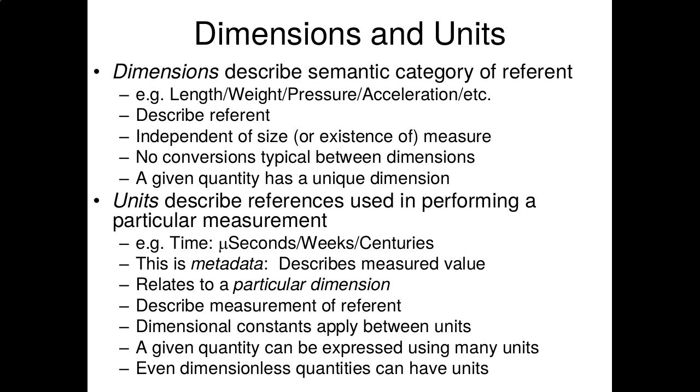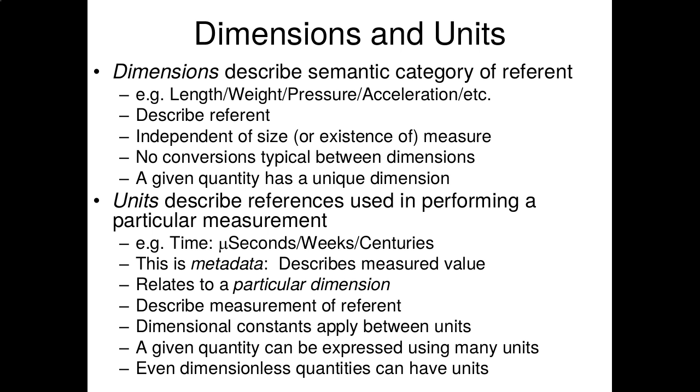Both cases, we're talking about metadata, data about a particular number. So a number 1 might represent something that is measured in meters, a length in meters. It may indicate 1 meter, or it may indicate 1 centimeter.